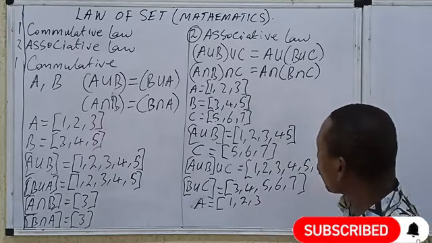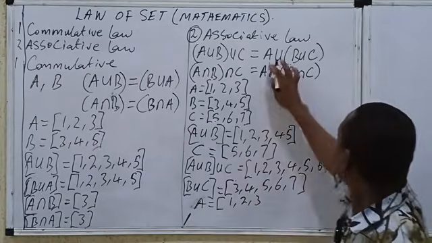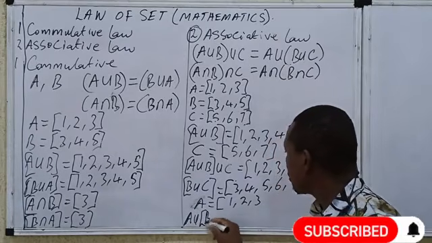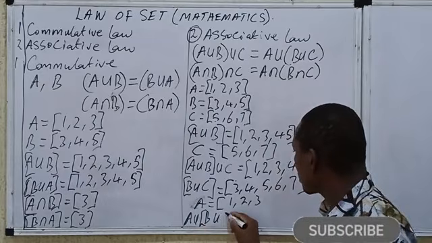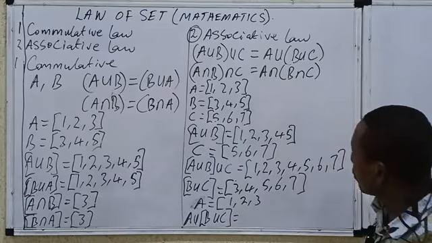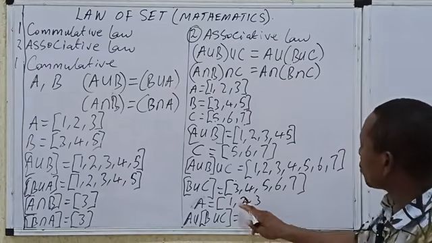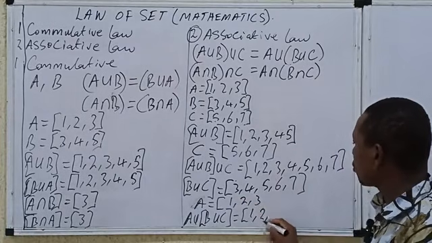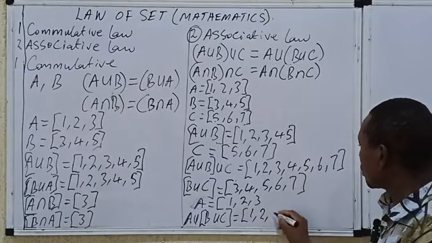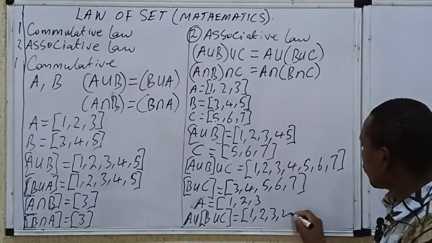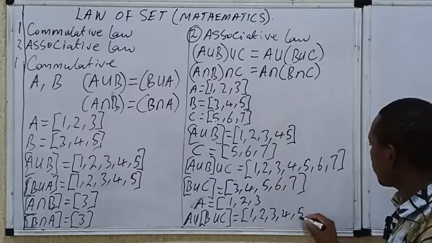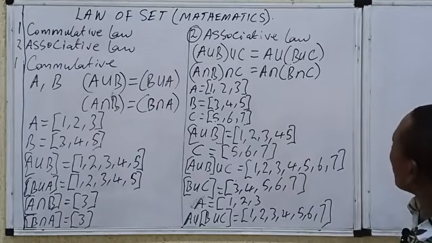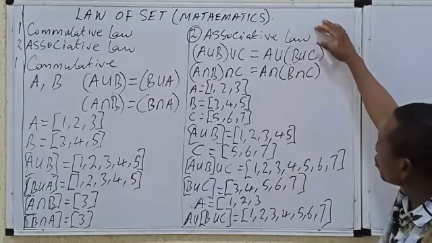So let's now look for A union B union C. If you do that, let's start from the smallest number. We have 1, 2, 3, 4, 5, 6, 7.